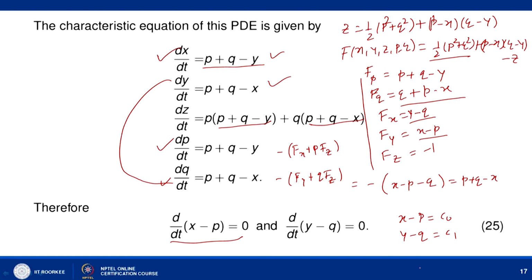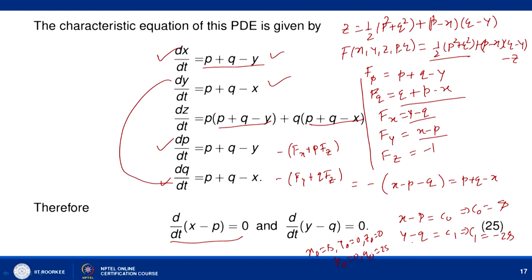For that you can use the initial values. Now the initial values are: x0 equal to s, I am looking at the first case, y0 equal to 0, z0 equal to 0, p0 equal to 0 and q0 equal to 2s. So here this implies that c0 is equal to s, and c1 equal to minus 2s.